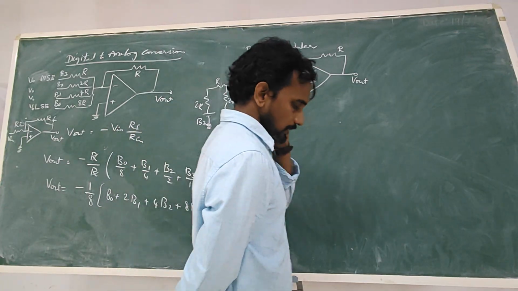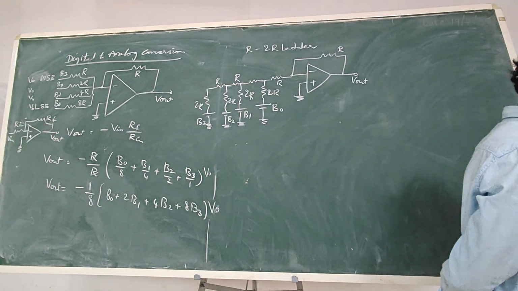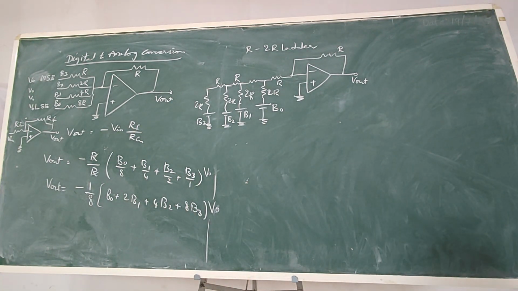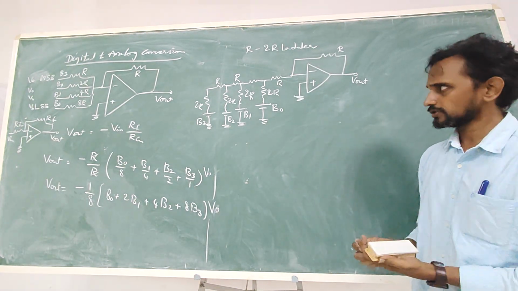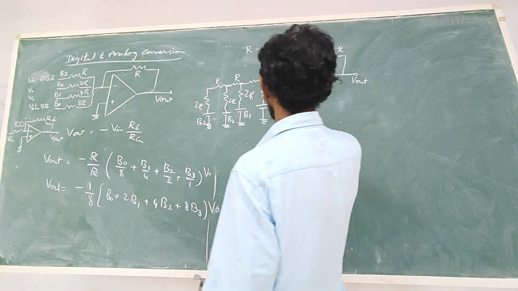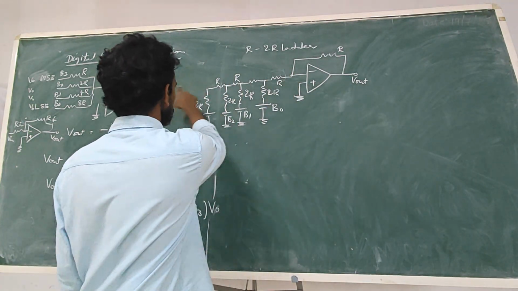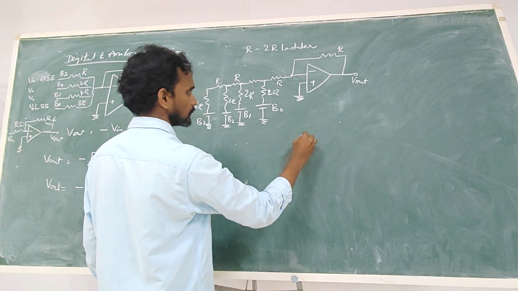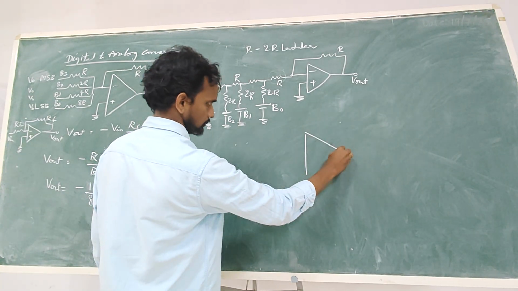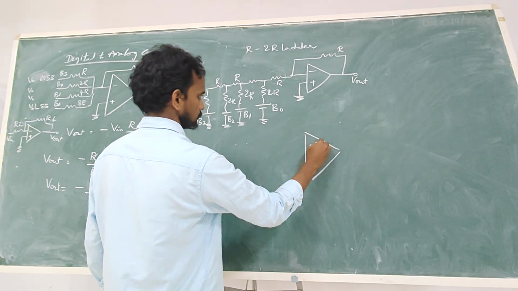This is actually an approximation circuit, just to justify the name R to 2R ladder. The actual circuit has a little modification. This R is split into two parts and added at the terminal point. We will analyze both circuits, but we will see that first.